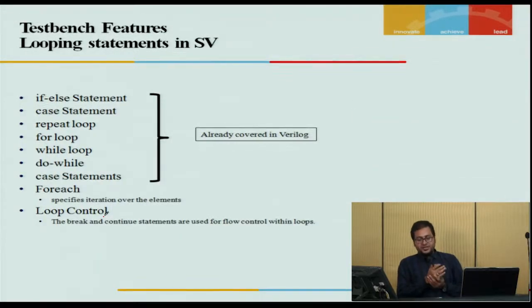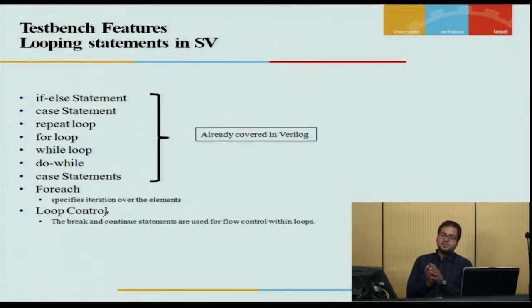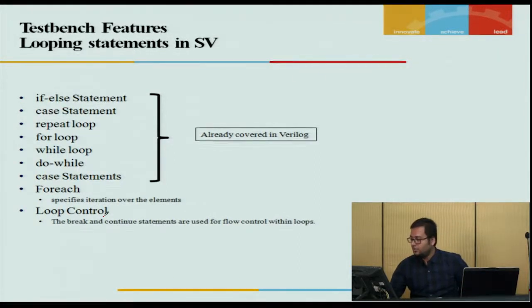In case of foreach, what it does is that it iterates over a particular kind of element. So consider an example of a fixed array, a single dimensional array, where the index i ranges from 0 to 9.